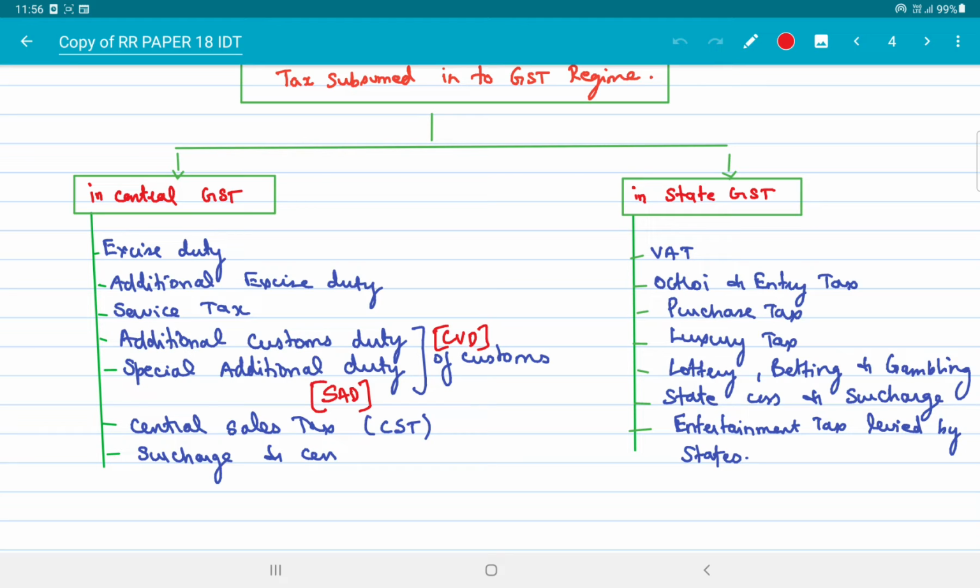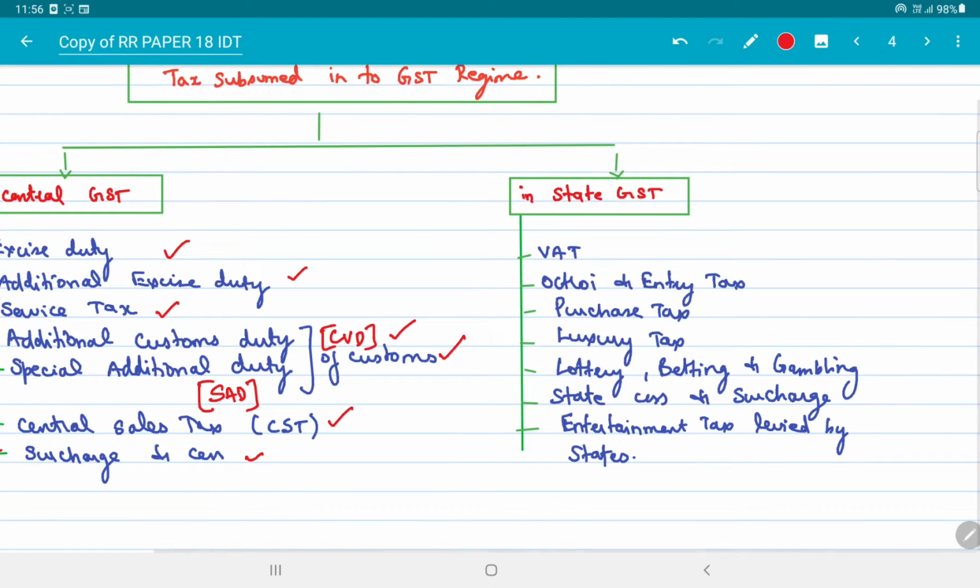Just to read, in the central government's hand, these are no more levied: excise duty, additional excise duty, service tax, additional customs duty, special additional duty that is SAD, CST central sales tax, surcharge and cess.